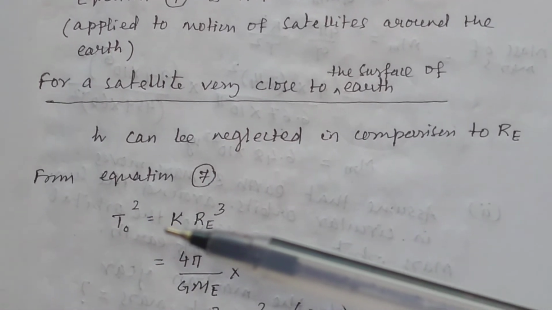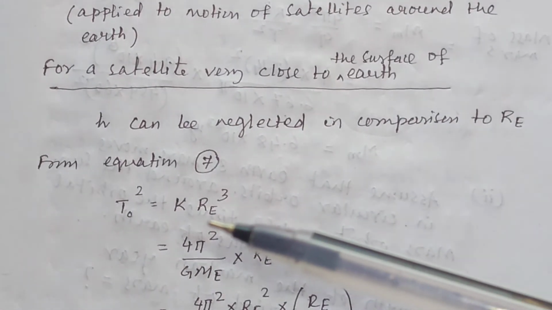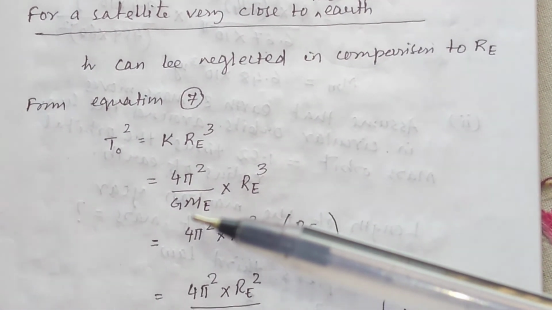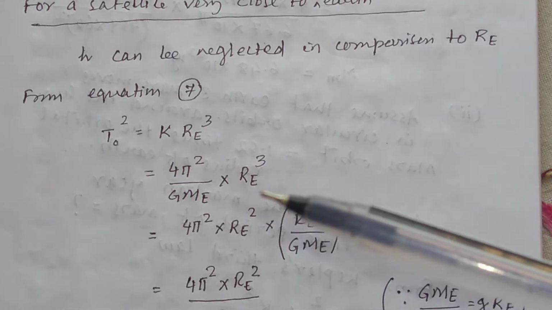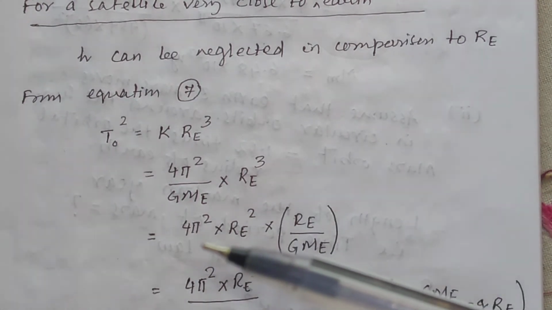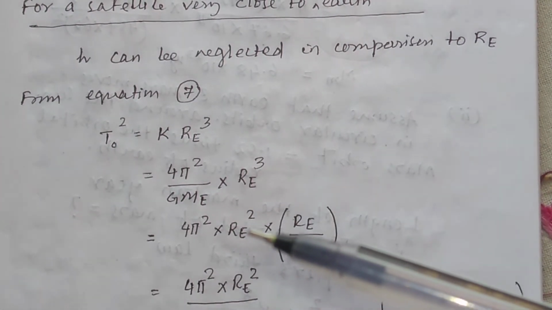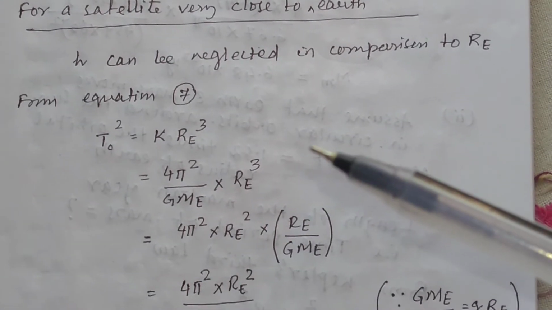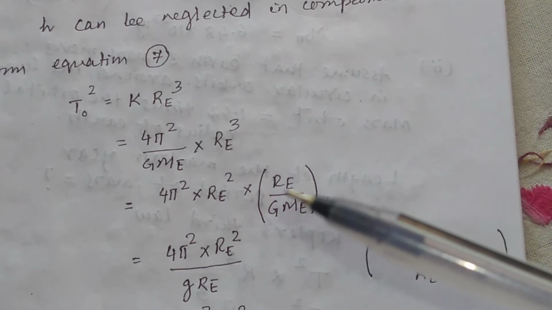So T0 square will be equal to K into RE cube. Substituting the value of K, that is 4 pi square divided by GME, into RE cube, it will be equal to 4 pi square into RE square into RE divided by GME.